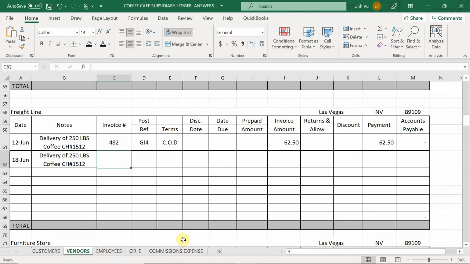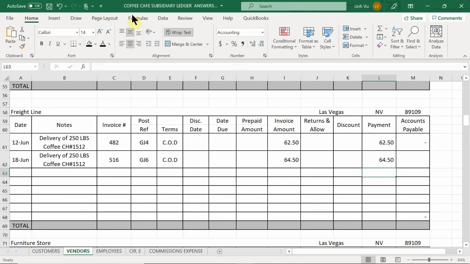So what was the invoice number again? The invoice number is 516. Okay, and the page number 6, COD. Yes, COD. So 6450 invoice.